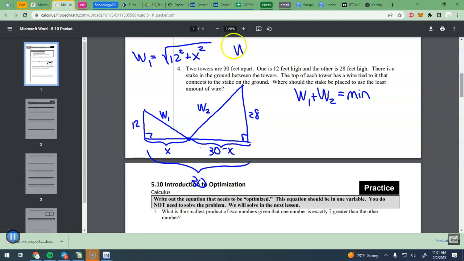W2 would be the square root of 28 squared plus 30 minus x squared. It's just like the hypotenuse is the square root of leg squared plus leg squared. That's all I'm doing.